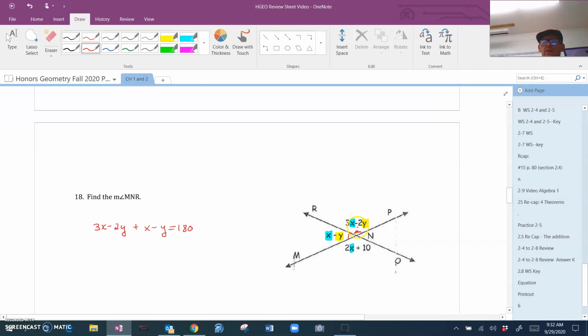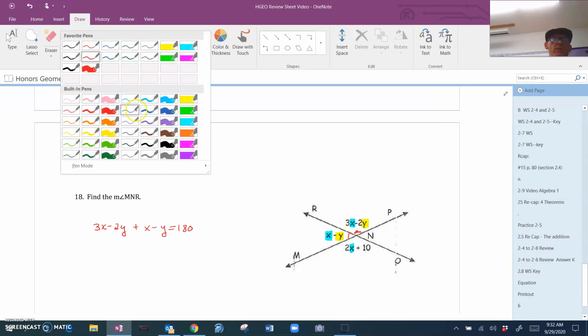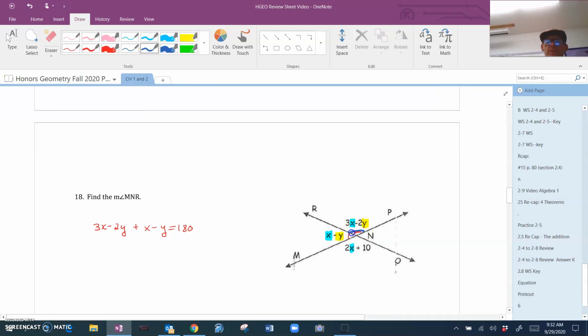Now, the next fact is that this angle and this angle are vertical angles. And that makes these two expressions equal to each other. So that gives us 3x minus 2y is equal to 2x plus 10.